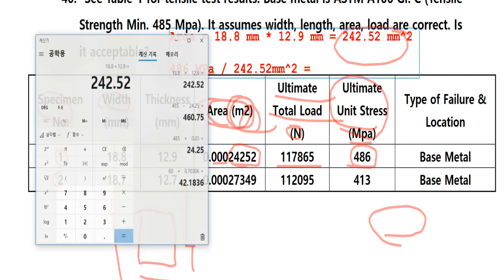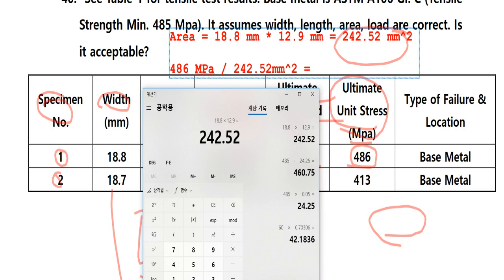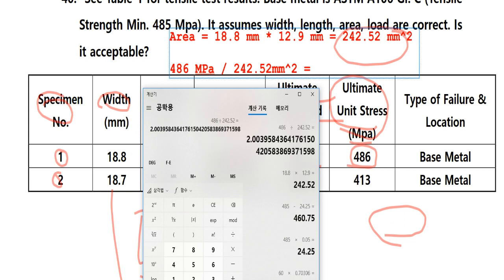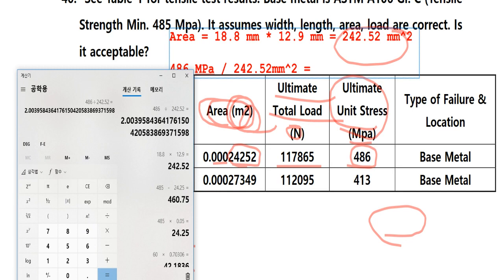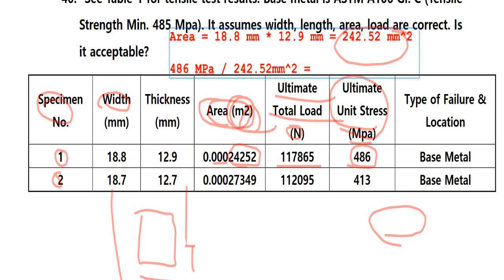Then 486 divided by 242.52 is a weird number that came out. Oh, I'm sorry. I made a mistake. Not the MPa. This load 865. I'm sorry. I'm going to do the calculation again.